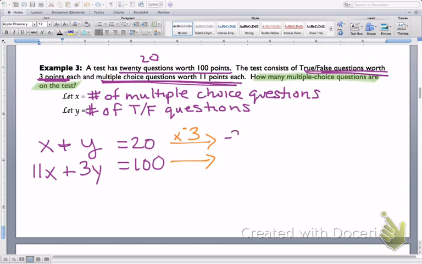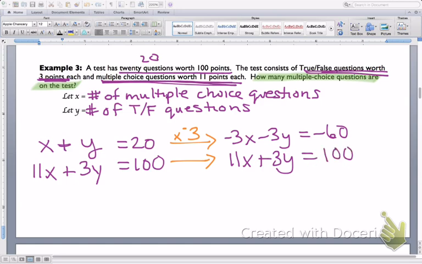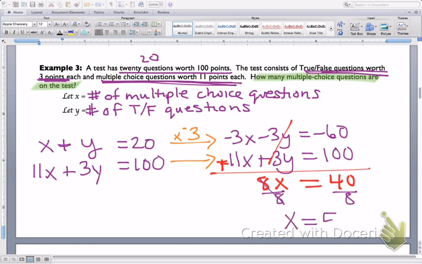So that's going to be -3x minus 3y equals -60. Bottom one stays exactly the same. Now we're going to go ahead and add these. These cancel. We have 8x equal to 40. If I divide both sides by 8, my x value is going to be 5.